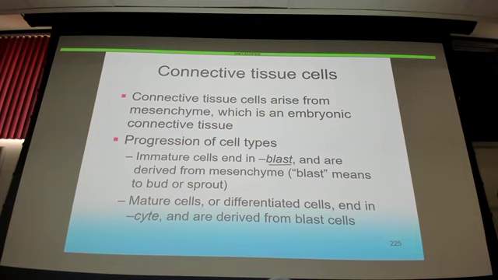Mature cells end in cyte, C-Y-T-E. So if you have an osteocyte, it's generally derived from a blast. The cellular progression would have been mesenchymal cell, blast cell, cyte. We're always going to look at what they call lineage, where they came from.